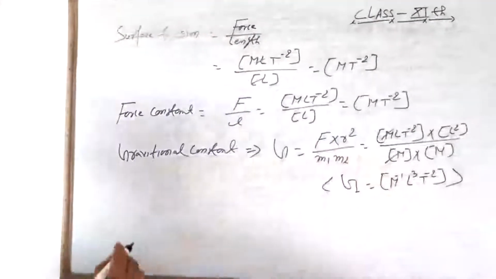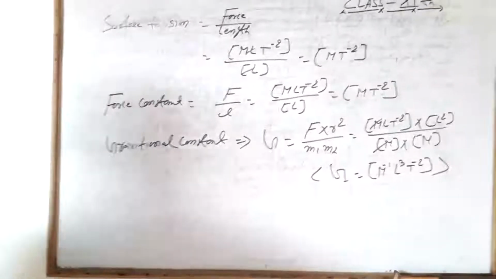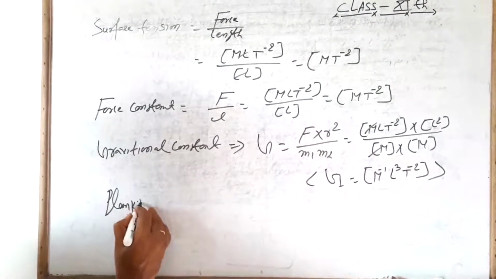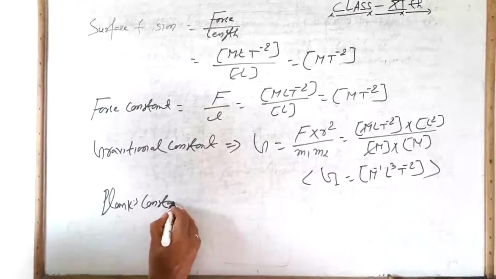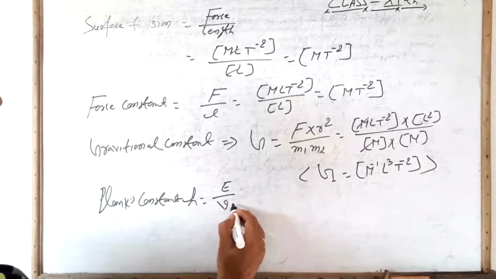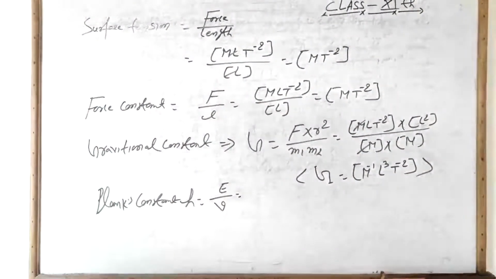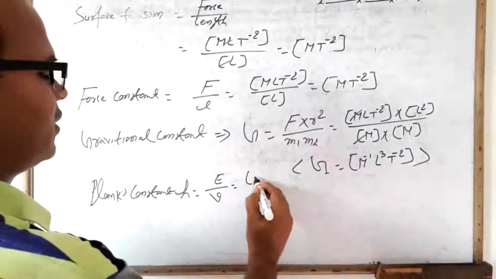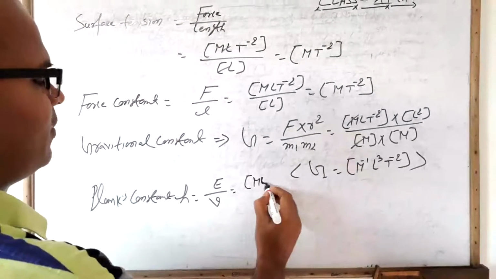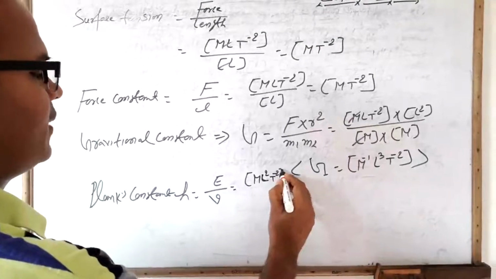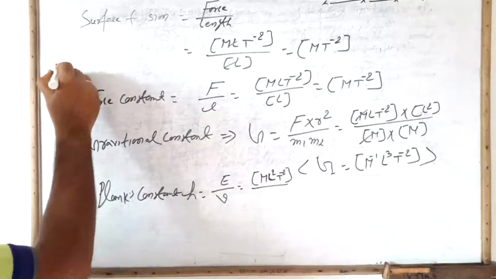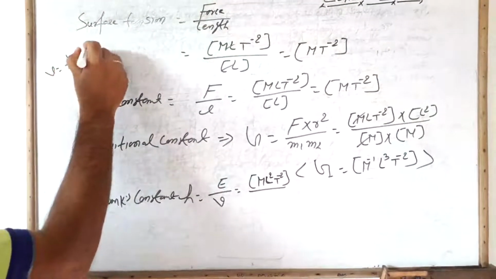Okay. Next point, suppose you want the Planck constant. Planck constant means h equals energy upon frequency. You know the dimension of energy is M L to the power 2 T to the power minus 2, and frequency equals number of vibrations per time, which is T inverse.